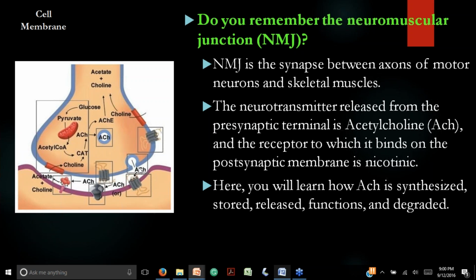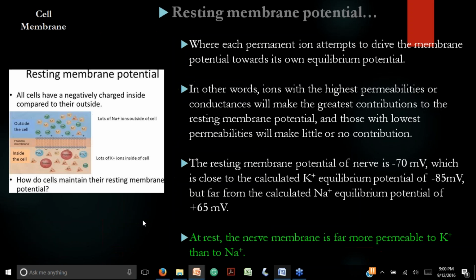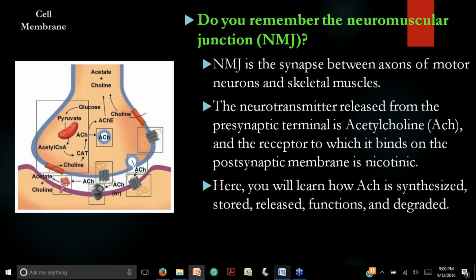You already know the pathway, so you know the acetylcholine is going to make the depolarization. That means the sodium, as you remember in this chart, what is happening first? Always sodium gets into the cell in order to have the depolarization. So when the sodium depolarizes the membrane, it is going to go through the T-tubules.